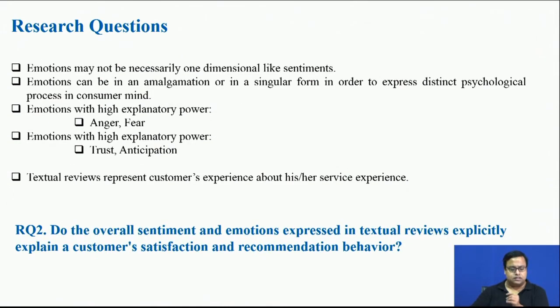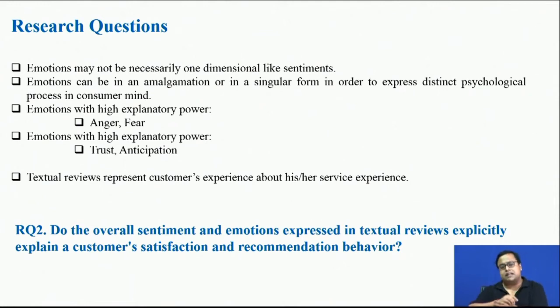The next research question is related to sentiment and emotion. Not only the ratings, but also from whatever text is there, I can find out sentiments, not only the overall sentiment, but there is a way that we are trying to deal with, I will discuss that. I am also trying to find out the aspect-wise sentiment.